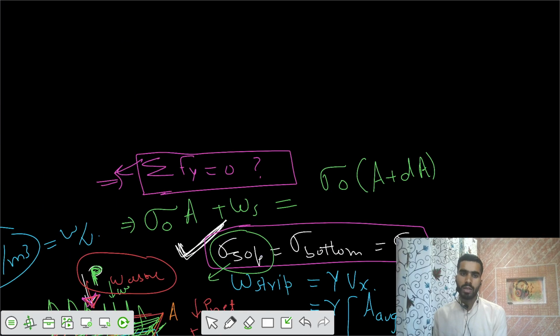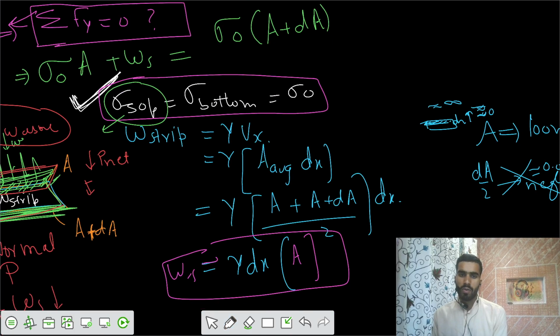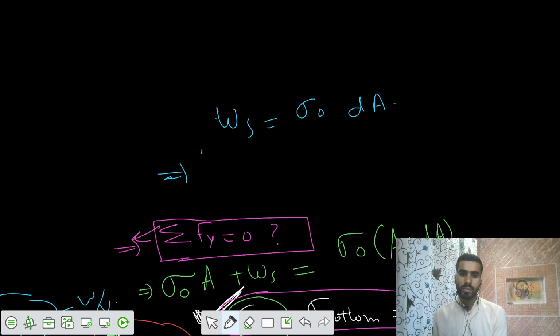Now if I calculate this, you are left with the weight of the strip equals sigma naught into dA, and the weight of the strip we calculated as gamma A dx, that is sigma naught into dA.